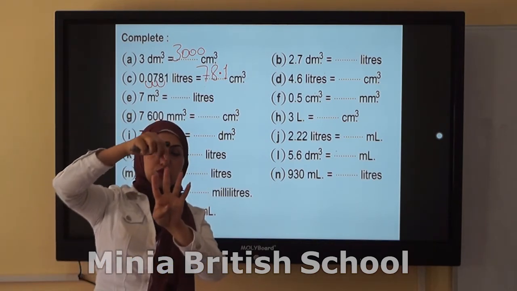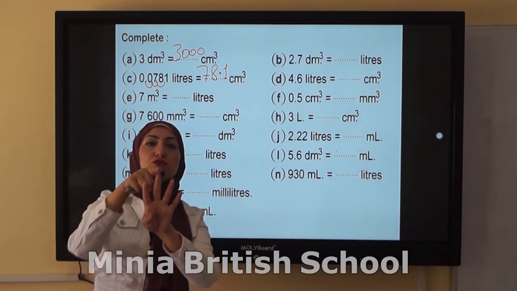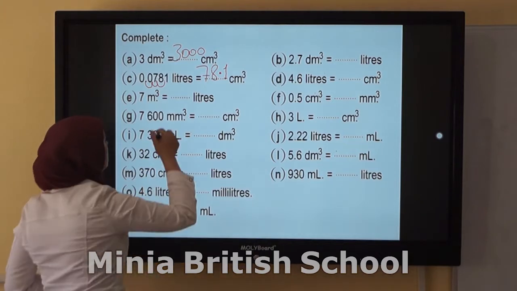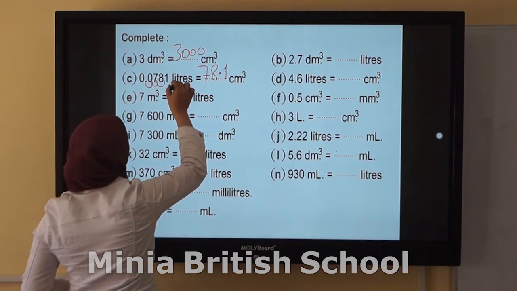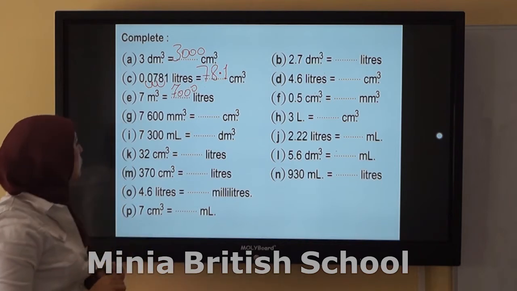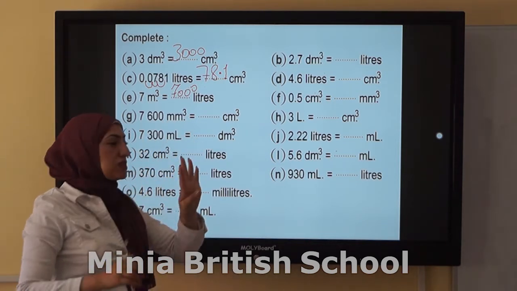The next one, 7 cubic meters to liters. Cubic meters to liters, which is cubic decimeters. So I have to multiply by 1,000. So here, 7,000. The next one, from cubic millimeters to cubic centimeters.